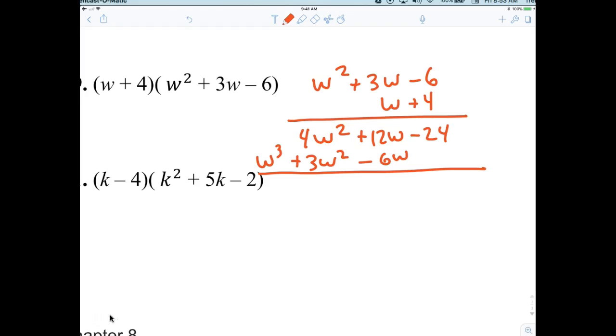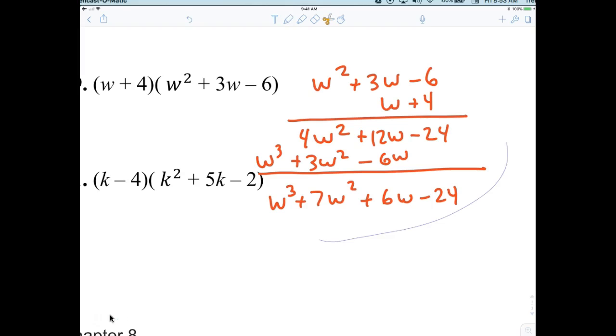When you're adding, remember, it all lines up. That's why you do it this way. So you end up with w cubed plus 7w squared plus 6w minus 24. Again, it's a pattern. You just have to apply the algebra rules.